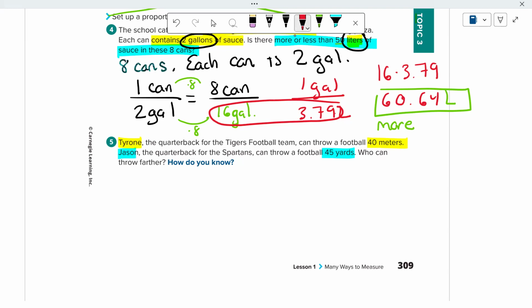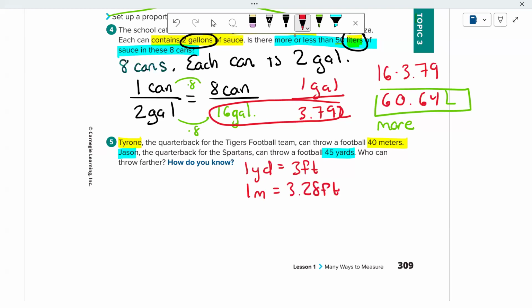So I know every 1 yard is equal to 3 feet. So what about meters, though? I forgot about my meters. What does my little chart say about meters? I know 1 yard is every 3 feet. I forgot my meters one. Isn't it 1 meter is equal to 3.28 feet?